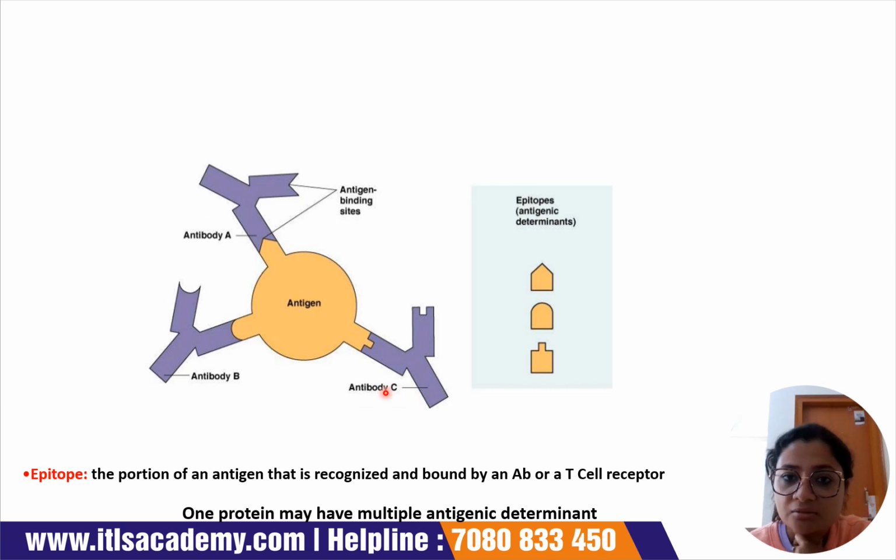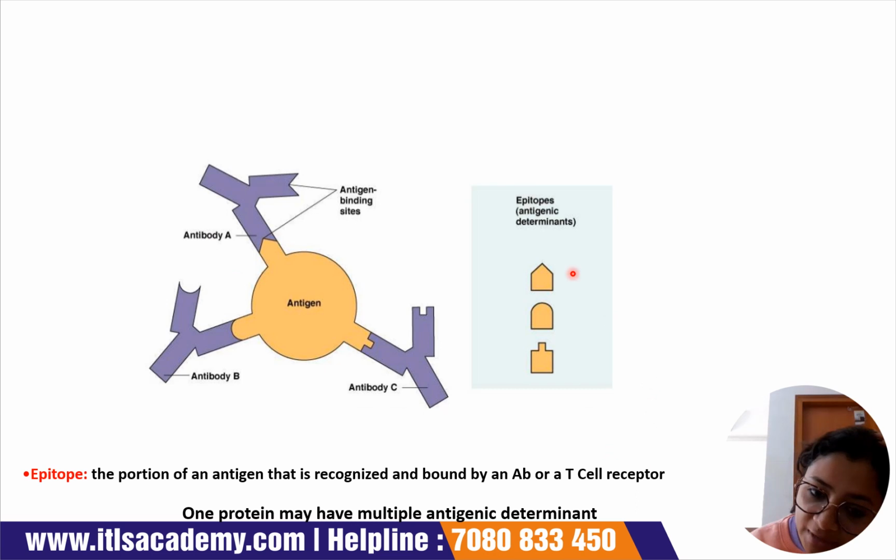So that means this is a single antigen, only one protein, but it has three different antigenic determinants. So three different antibodies can come and bind with that particular antigen. That is the main thing. And the configuration is also different, which is separately shown here.